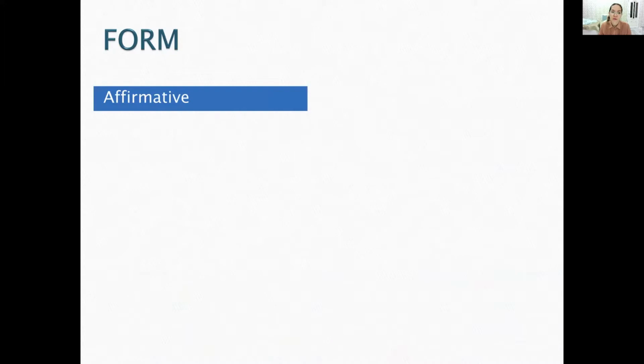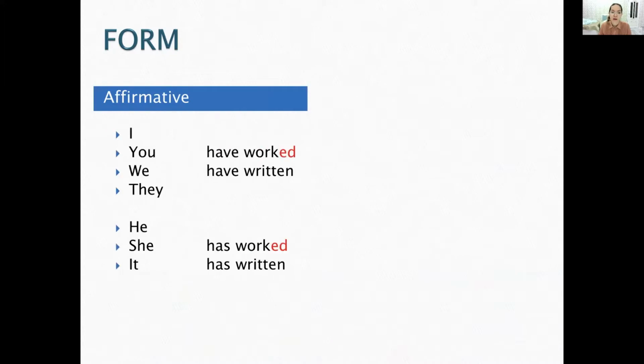So first of all, let's look at the form of the present perfect. The affirmative sentence: I have worked, you have worked, we, they have worked, and he, she, it has worked or has written.